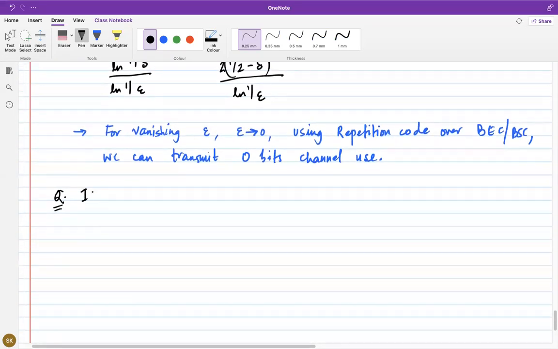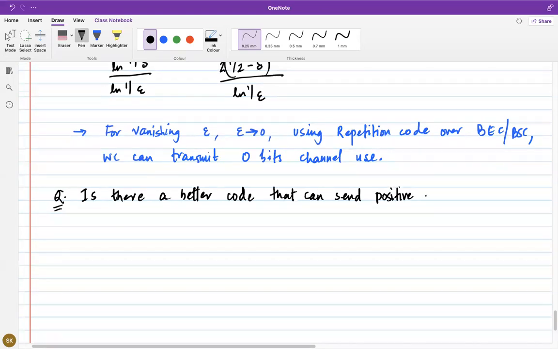So then the question is: is there a better code or an encoding scheme that can achieve a positive number of bits per channel use?